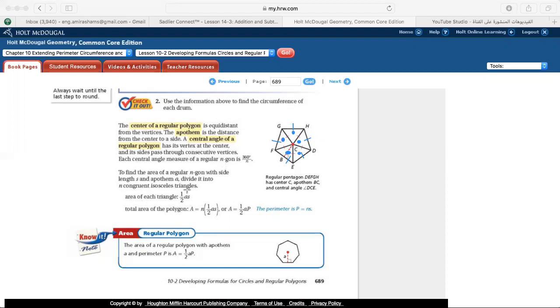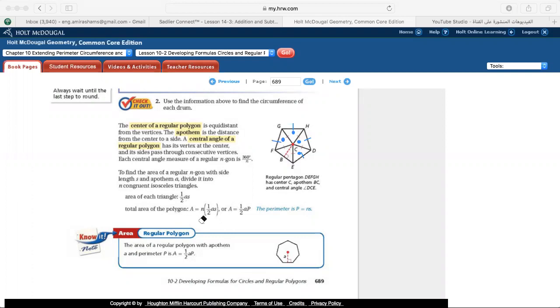Area of a triangle is half A multiplied by S. A here is the apothem that we talked about, which is CB, and the base is FE.